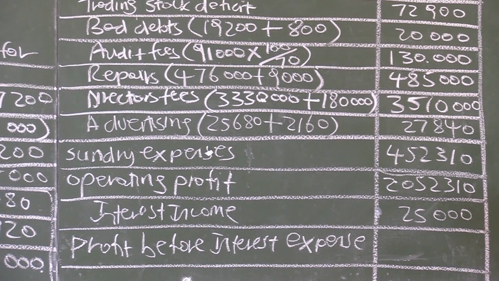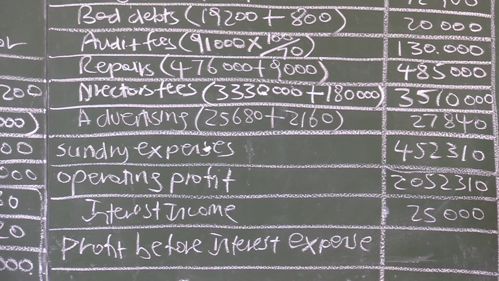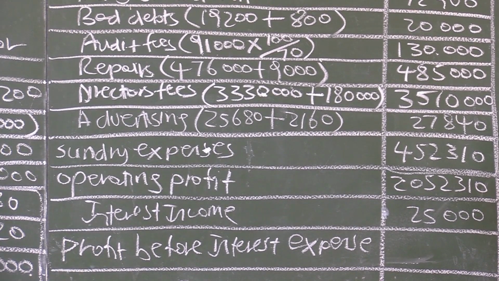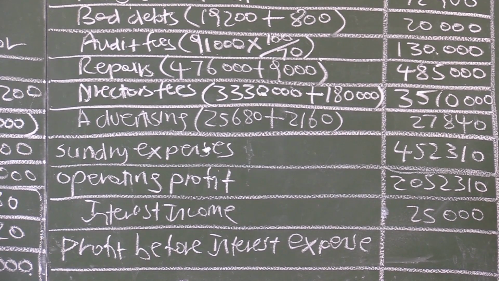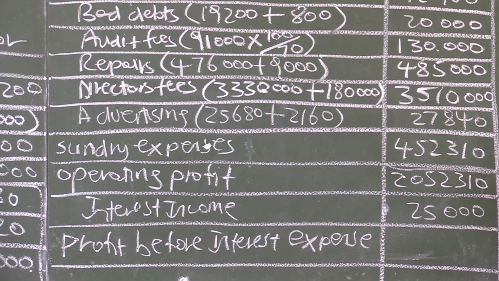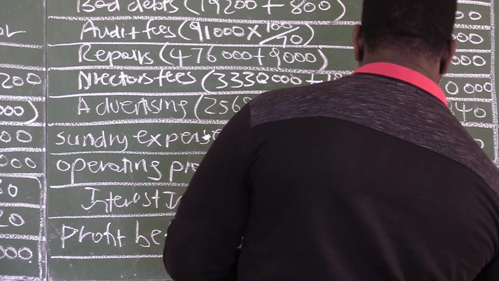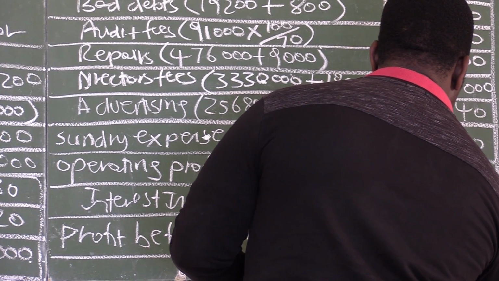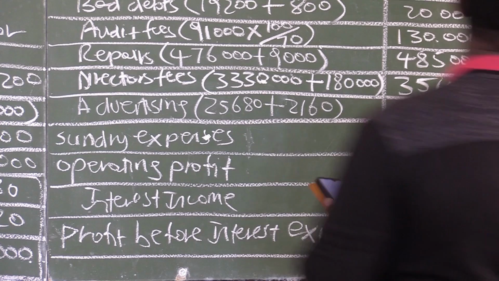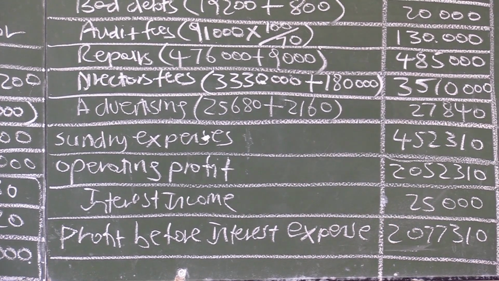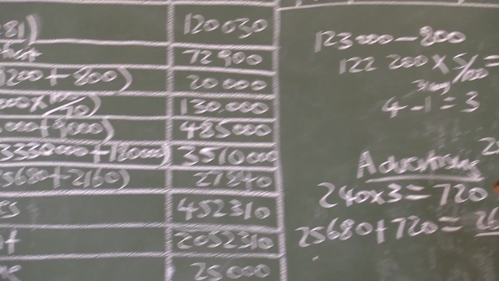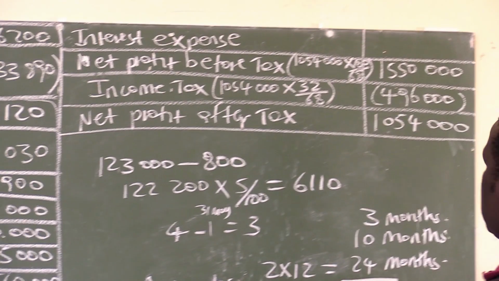So 2,052,310 plus 25,000 is 2,077,310. And then minus the net profit before tax, 1,550,000, to get the interest expense.